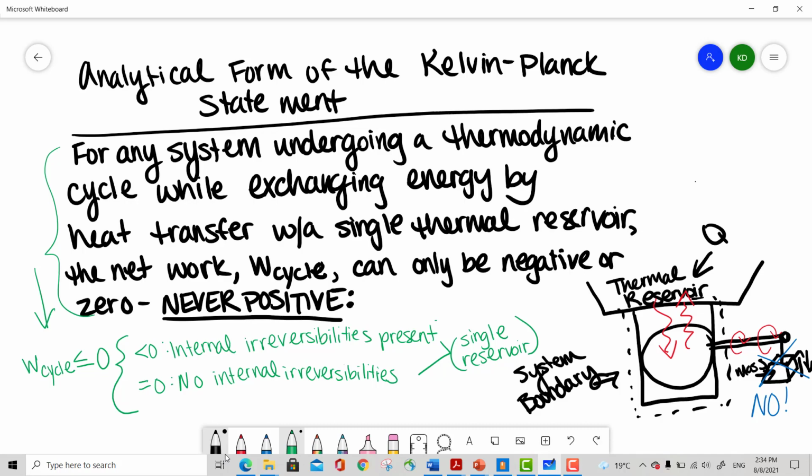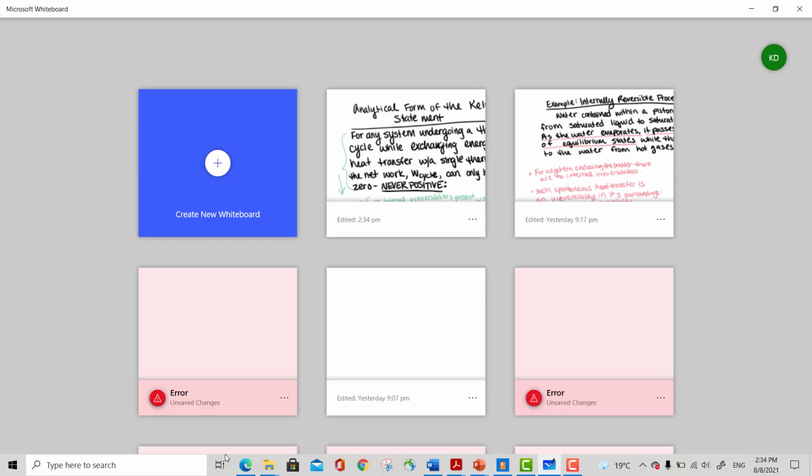Let's pick up another page. Now we have the applications to power cycles interacting with two thermal reservoirs. So we know that it's not possible with one. We're only going to have negative or 0 work for the cycle.